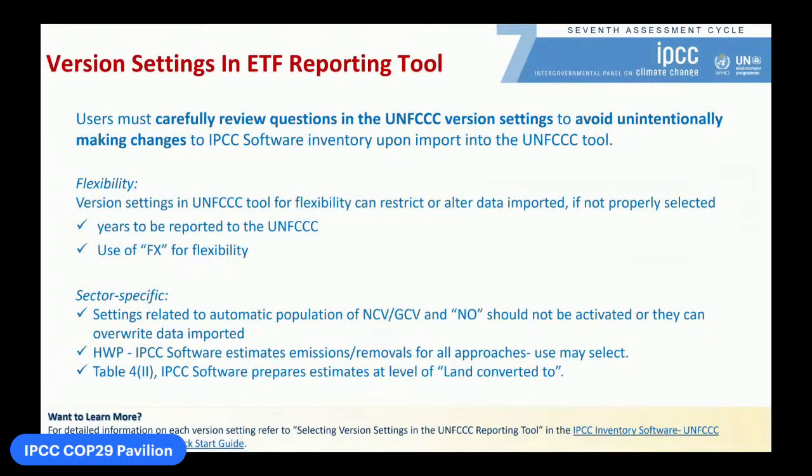You will have to go through a series of version settings that you want to be very careful in, because you've done really all the work in the IPCC software. So you don't want to select a version setting that somehow overwrites what you've done. There's clear guidance on how to set these version settings, but the work has already been done in the IPCC software.